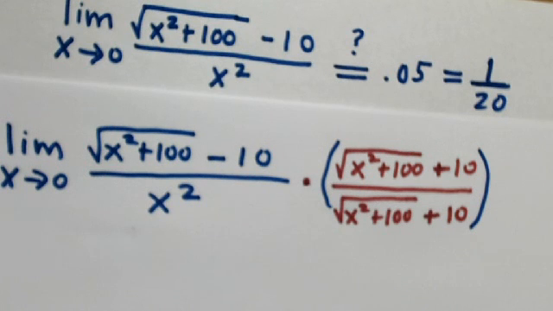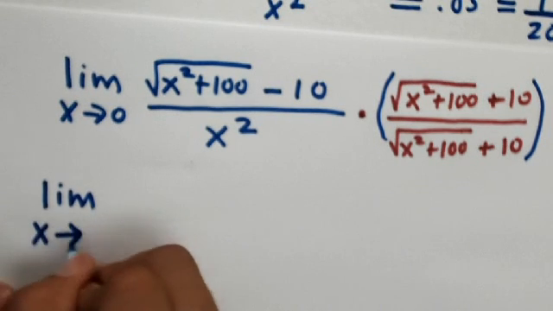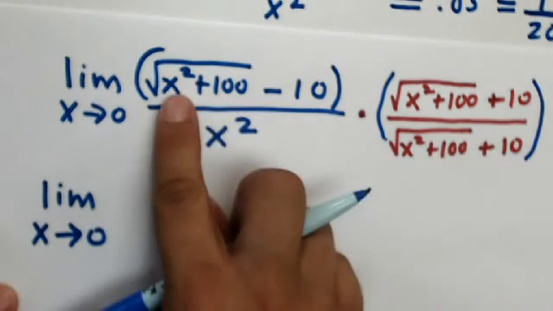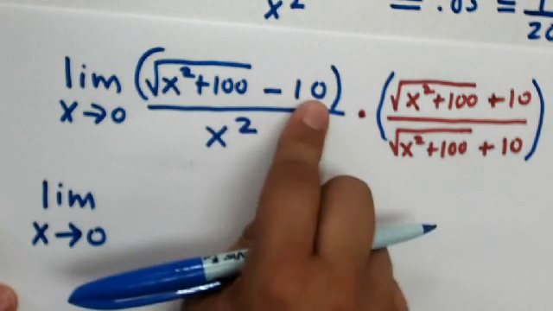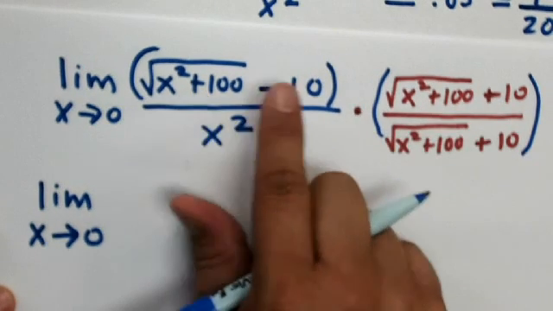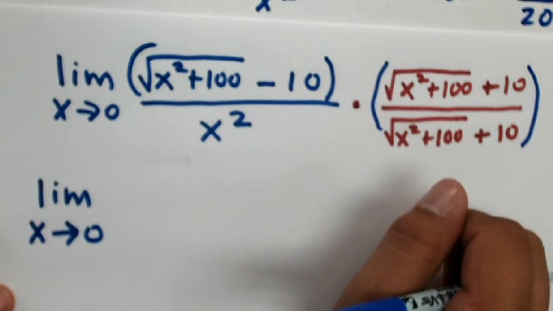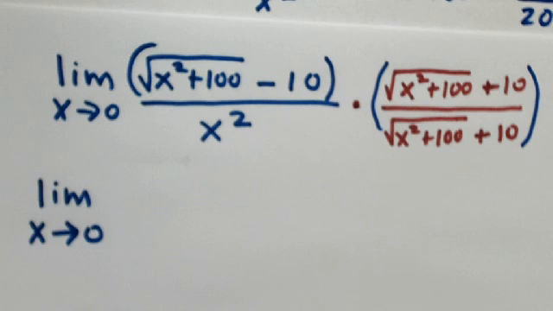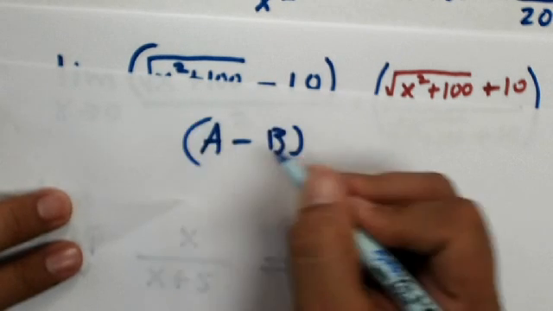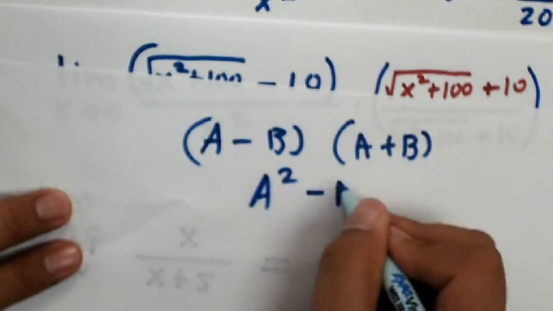Now, you get the limit as x approaches 0 of something. Look, you could think of this as a minus b times a plus b. What's the formula of a minus b times a plus b? Algebra 2. What's the formula of a minus b times a plus b? Isn't that a squared minus b squared?